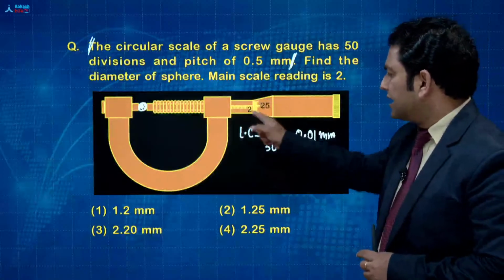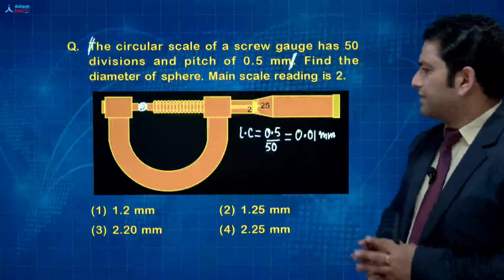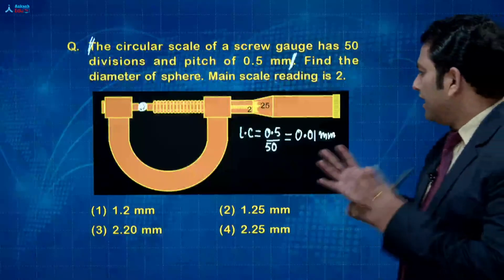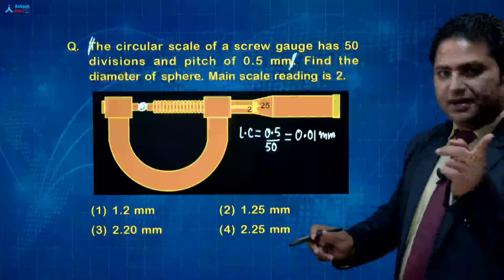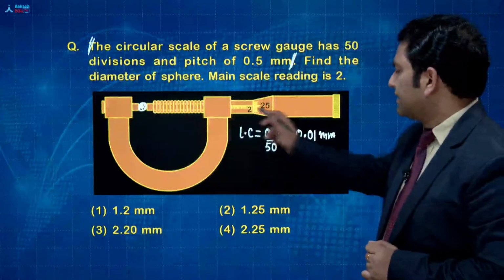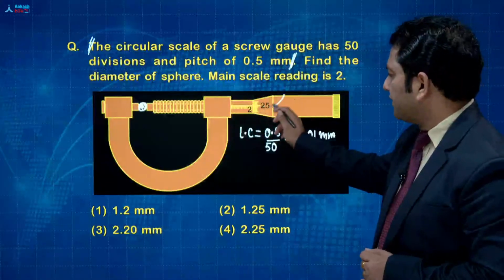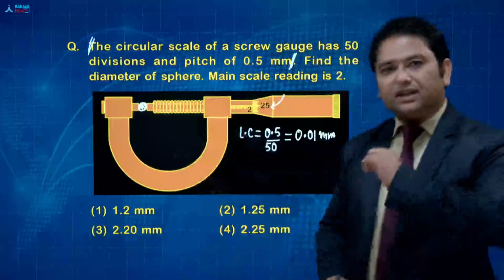It's the second division which is being seen here, right? That is the condition. Now, after that, note this: this is the second division. It's not 2 millimeter, okay? So the second division is being seen and the 25th division of the circular scale is matching with the linear scale.